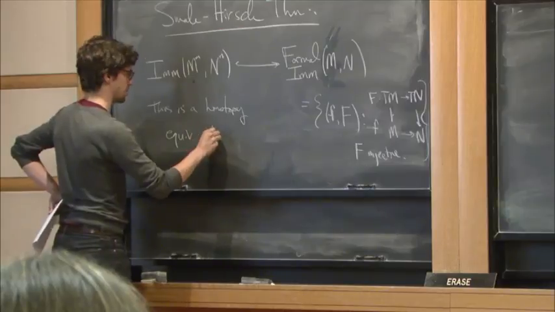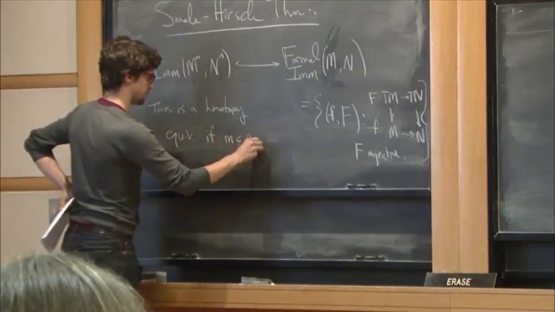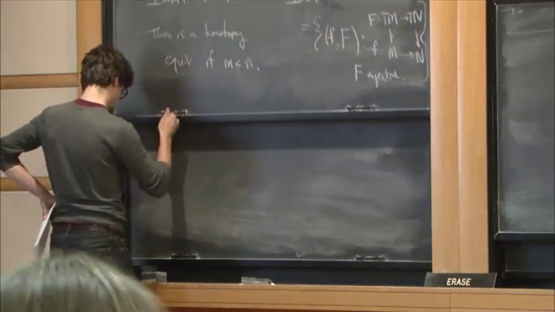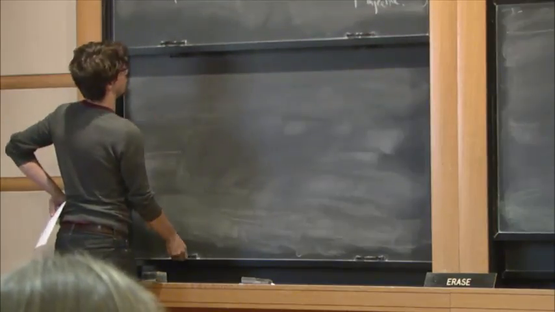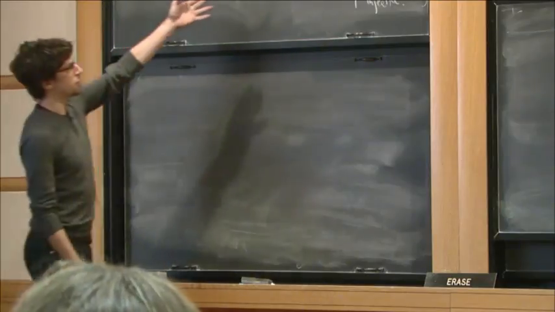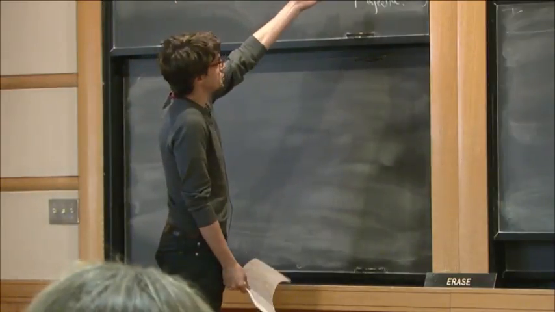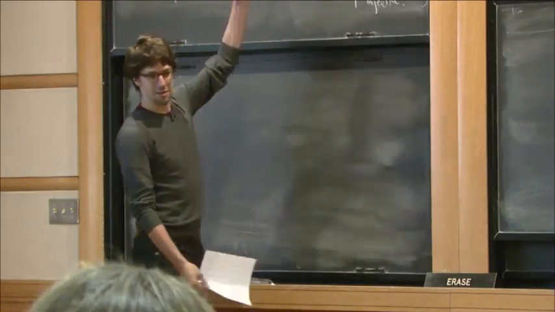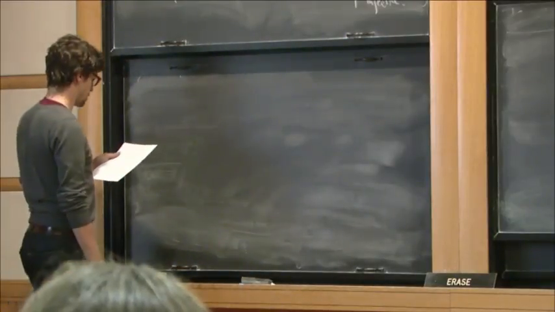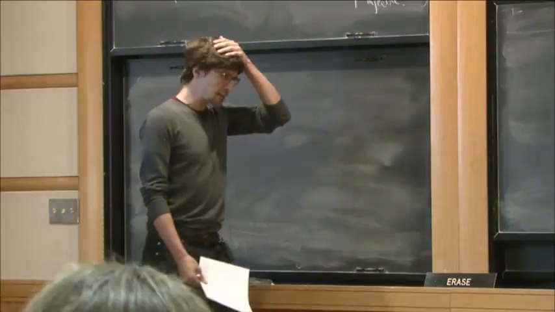If m is less than n. So the only obstruction if you want to embed m into n is just being able to solve this much easier problem of linear algebra on the tangent spaces. So this is an example of an h-principle, h for homotopy.